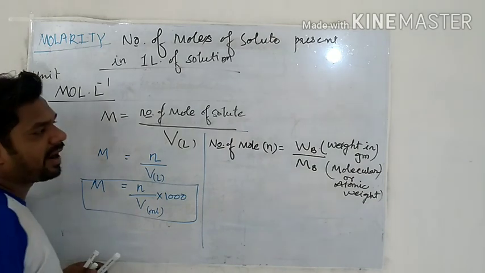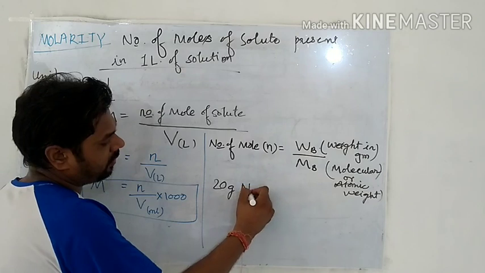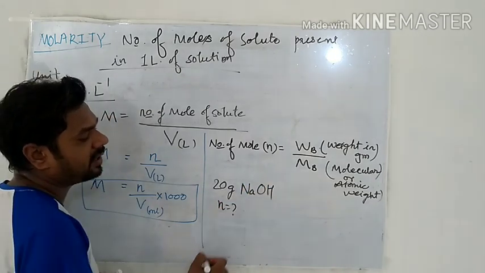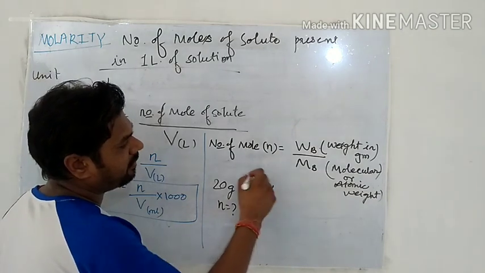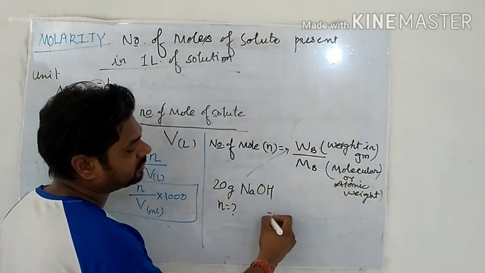For example, say I have 20 grams of sodium hydroxide, that is 20 gram NaOH. Number of moles is the question. 20 gram is the weight that is given, WB.